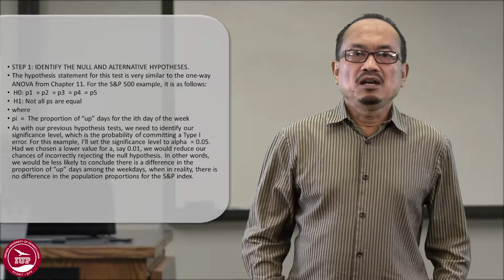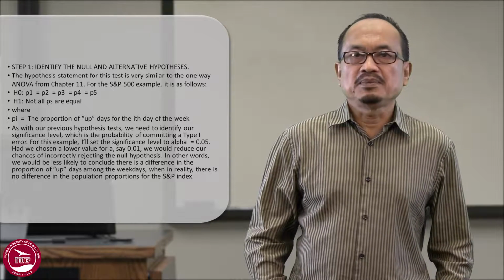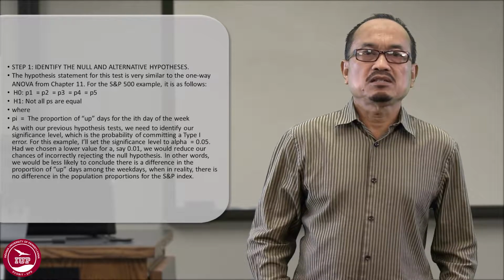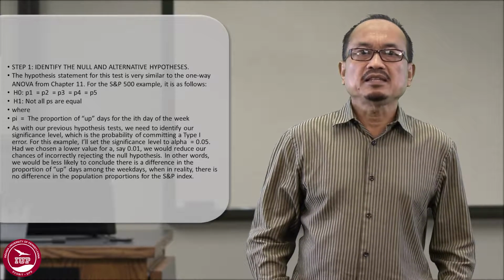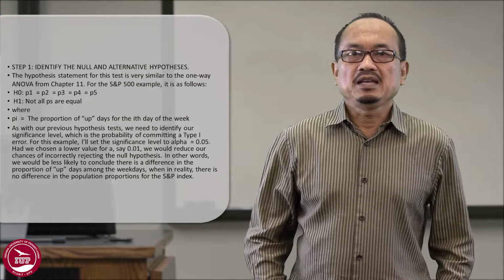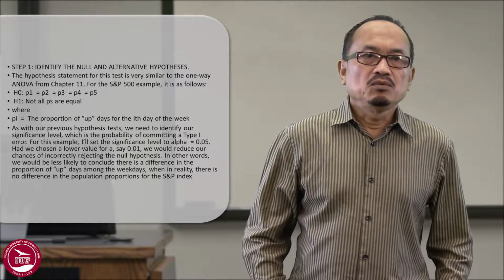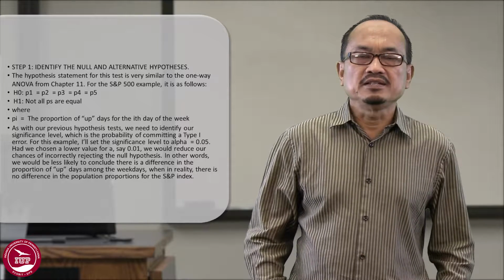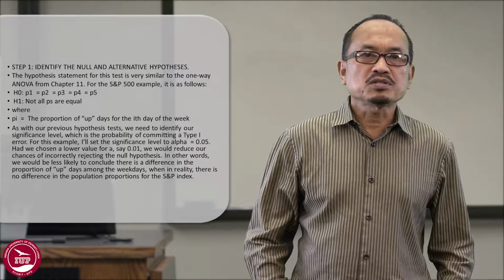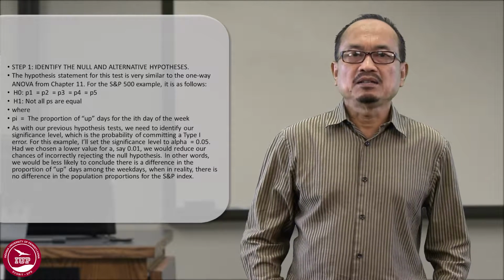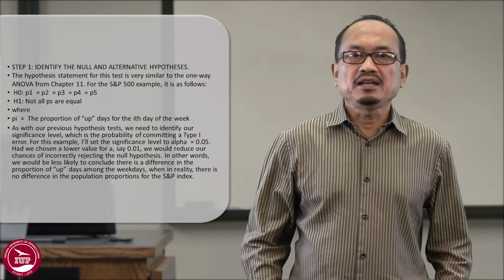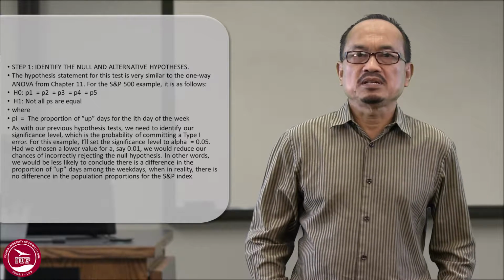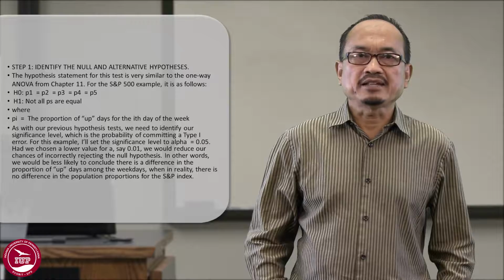Had we chosen a lower value, for example 0.01, we would reduce our chances of incorrectly rejecting the null hypothesis. In other words, we would be less likely to conclude there is a difference in the proportion of up days among the weekdays, when in reality there is no difference in the population proportion for the S&P index.